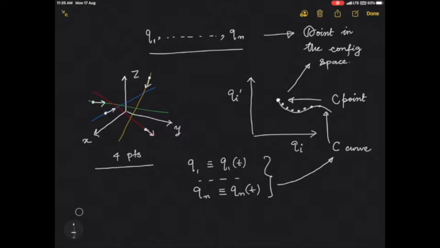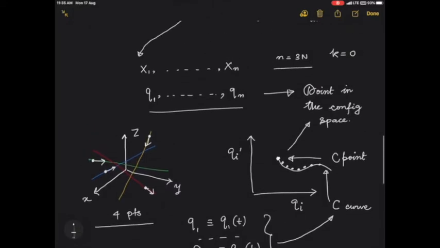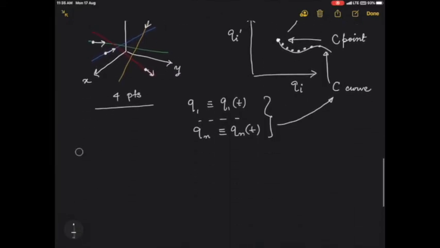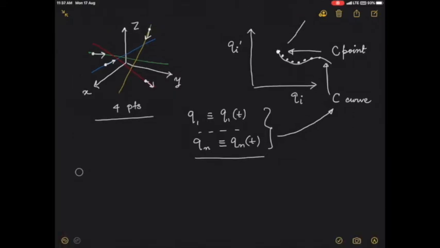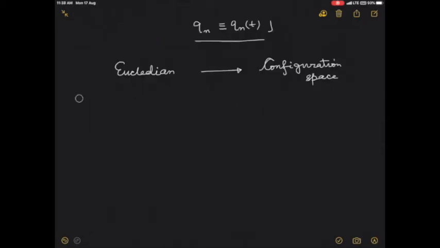Now there is a very important point. You realize that this C curve is essentially the trajectory of the particle in the configuration space. So I can relate the original Euclidean space with the configuration space. That transformation we have done preserves certain properties and does not preserve certain properties.